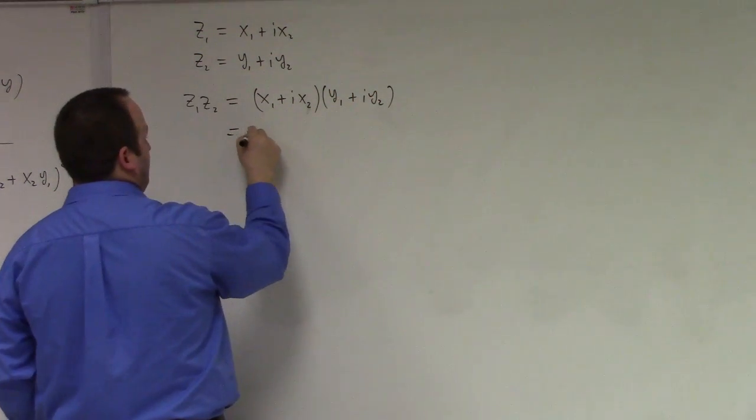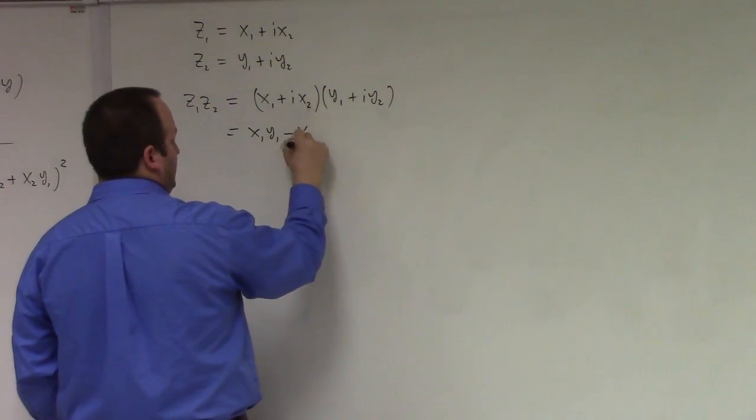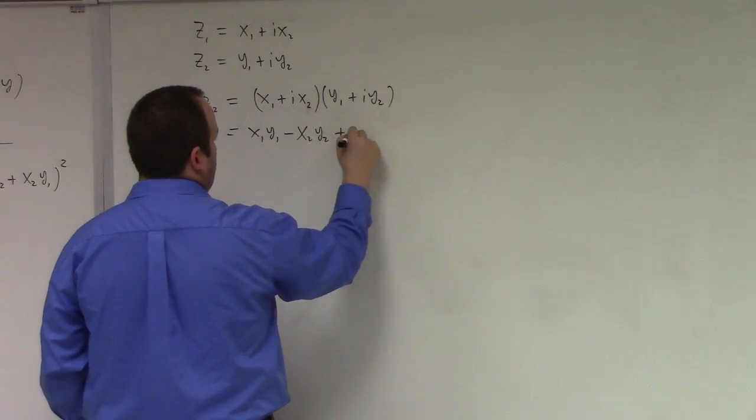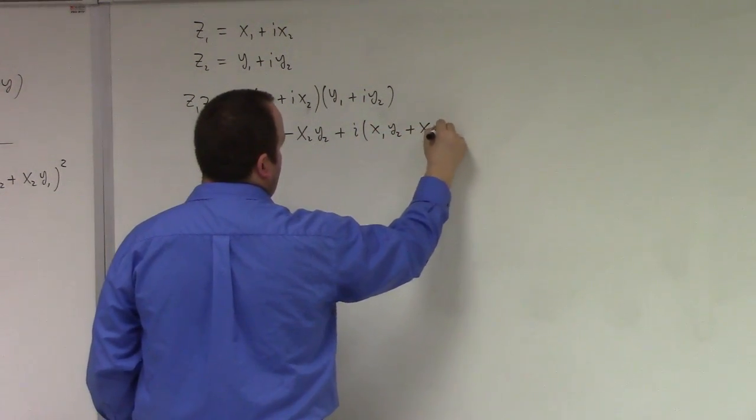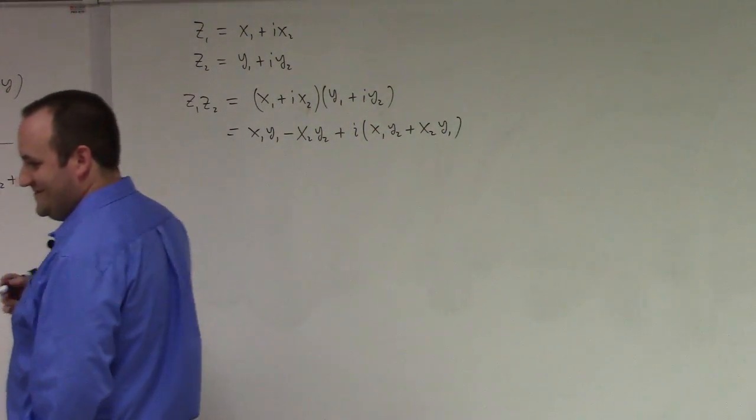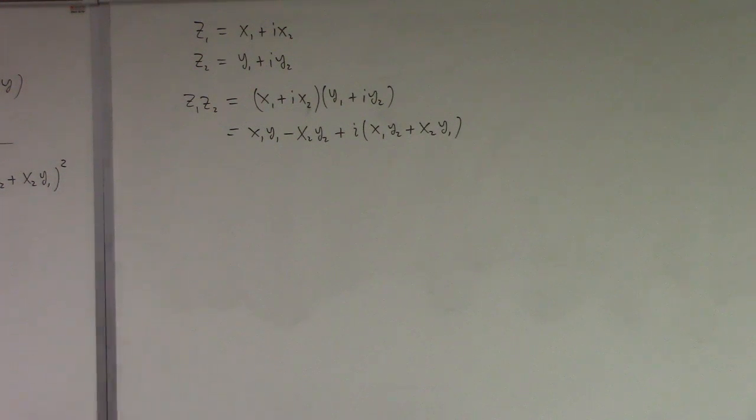That gives us x1 y1 minus x2 y2 plus i times x1 y2 plus x2 y1. Okay, so what is this?